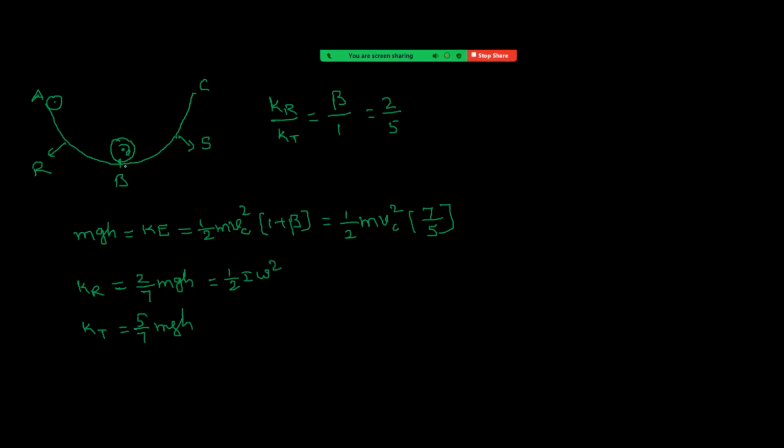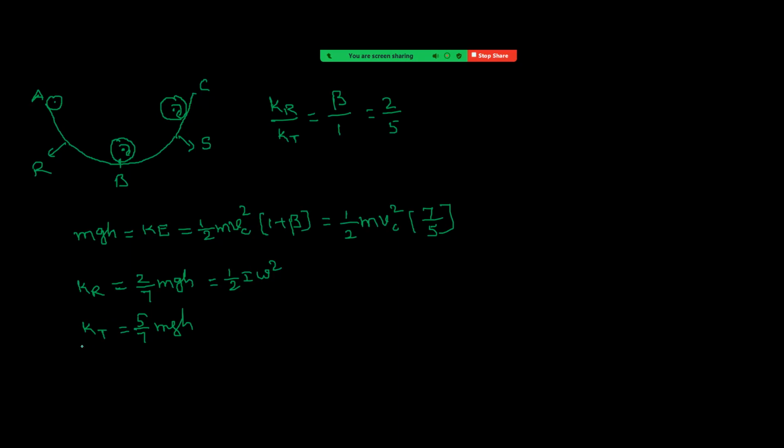Omega does not change from B to C because it is a smooth surface. That means kinetic energy because of rotation does not change. After reaching some height, still it is having same omega, no change in that. The only thing is kinetic energy because of translation becomes zero.